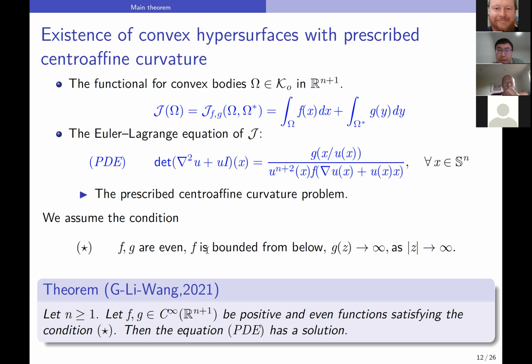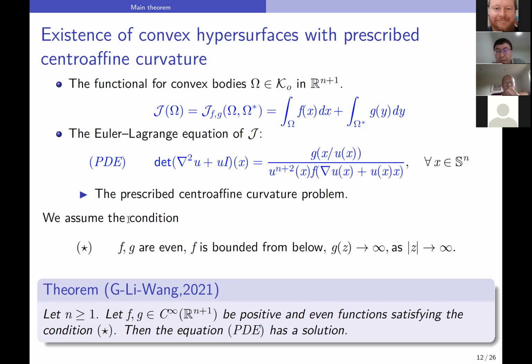One purpose is that we want to relate the value of the functional J with information about our convex body. That means once we know the value of the functional J, we want to know the shape of our convex body and its volume. This condition is not that strong. It still includes a large class of functions.